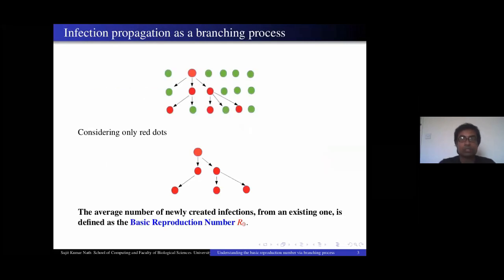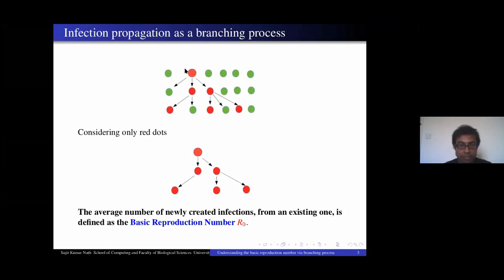Another motivation is that we can model the propagation of infection in a population as a branching process. Here the green dots are the susceptible population roaming around in a society, and this red dot is the initial infected person, who interacts with other susceptible persons and infects them.